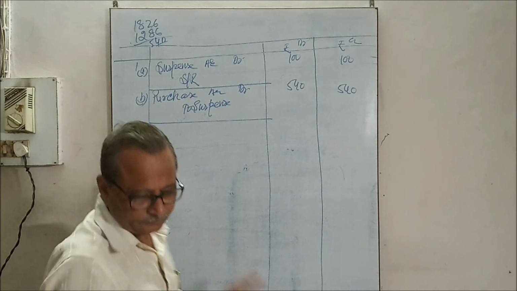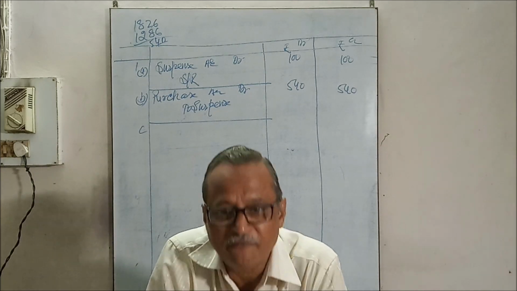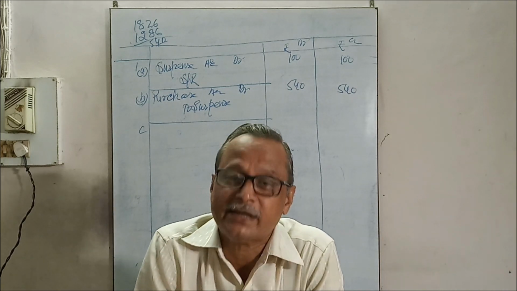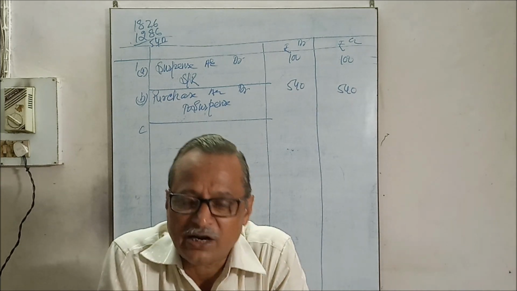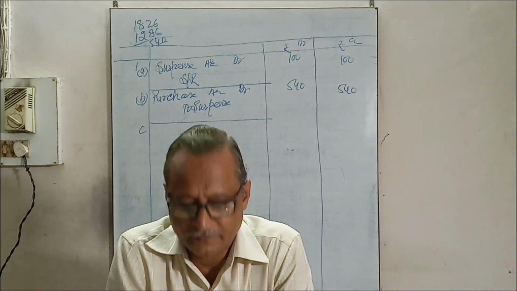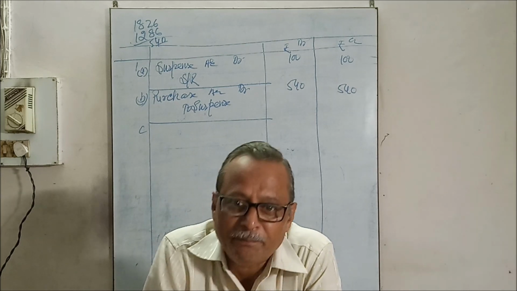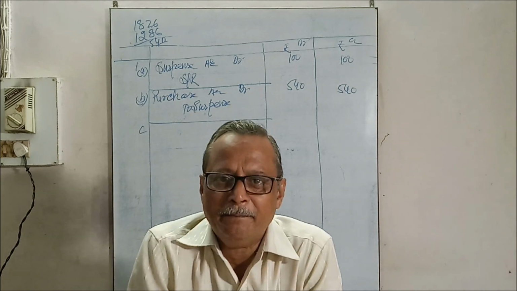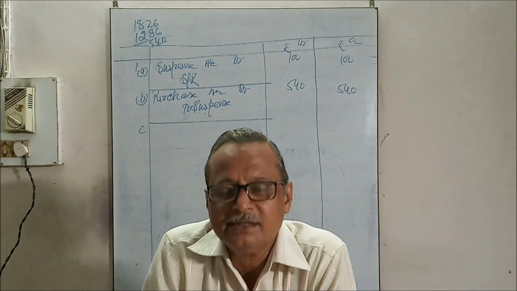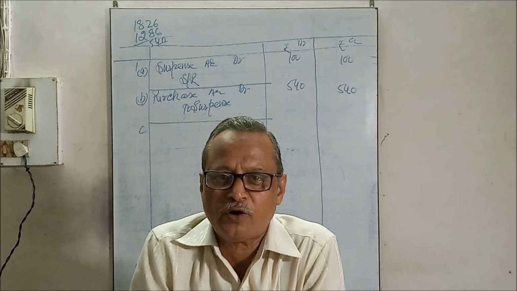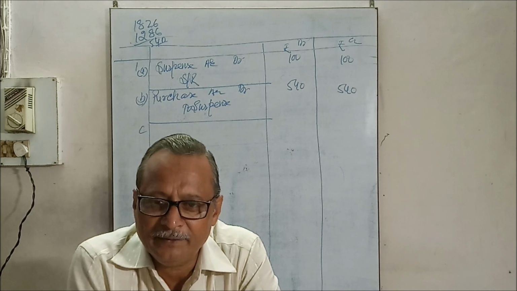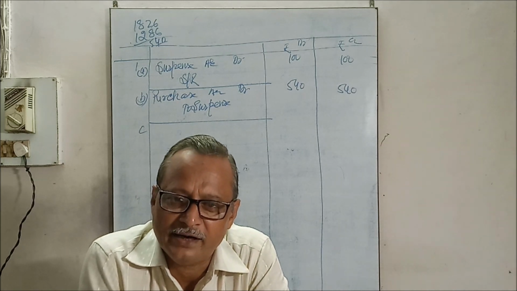C: Goods purchased from C for 400 was debited to his account as 40. If you are purchasing from C, the C account should be credited, but wrongly it was debited by 40 instead of 400 being credited.